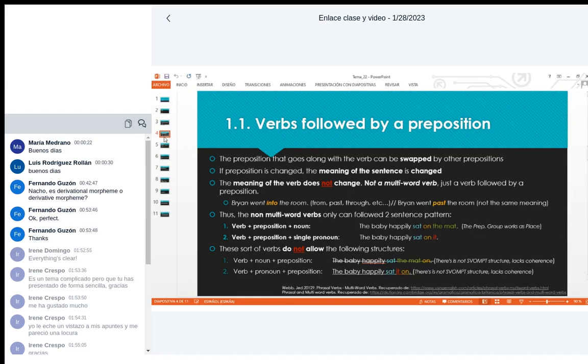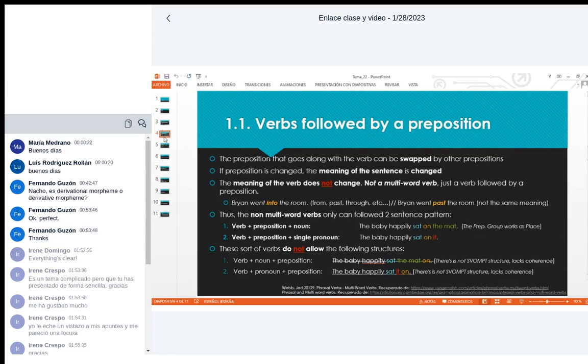So it has access through the room. Whereas in the second sentence, Brian went past the room, another preposition that in meaning is not related to the verb, just complementing the action. Went past the room means that he did not enter the room, as in the first example.